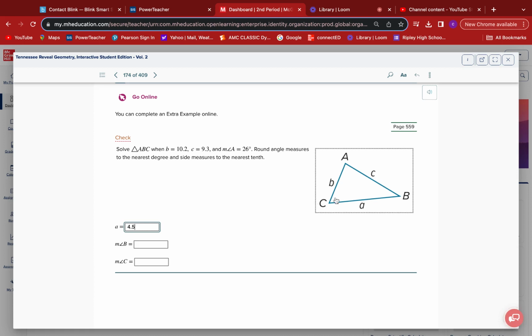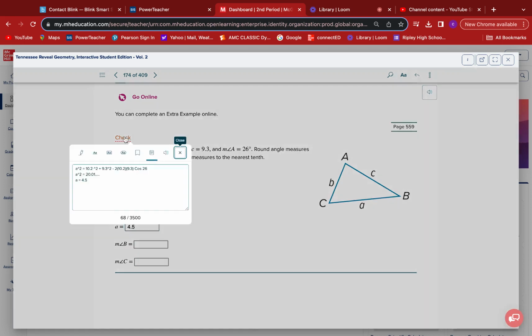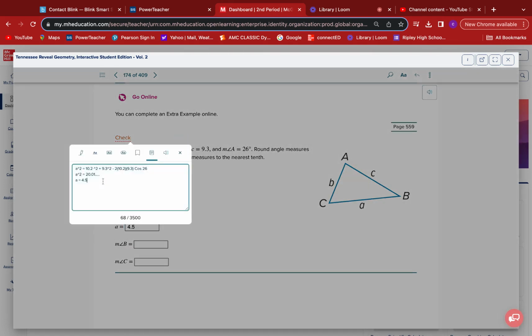Now that you have a set, angle A and little a, you can do law of sines to find whichever one you want first. Doesn't really matter which one you find. Angle A has been found. Sorry, my angle B or angle C. Doesn't really matter which one. Let me erase this. I thought I did it. There we go. All right, so I have both of my A's.